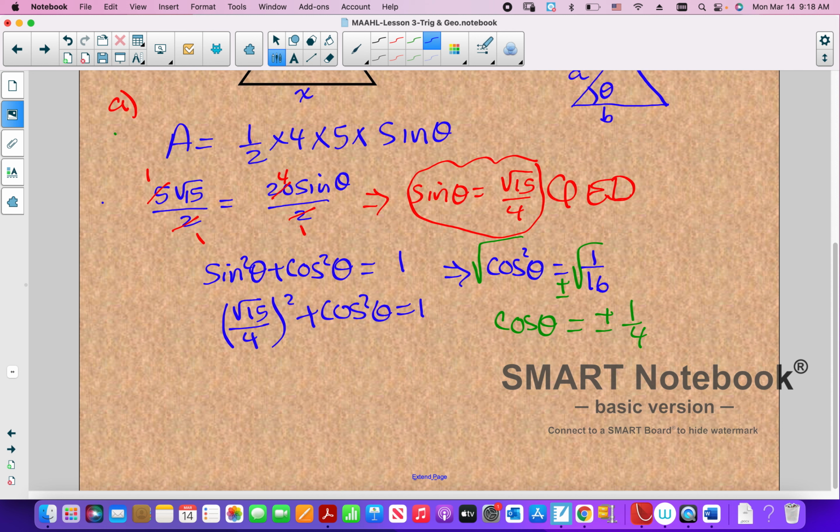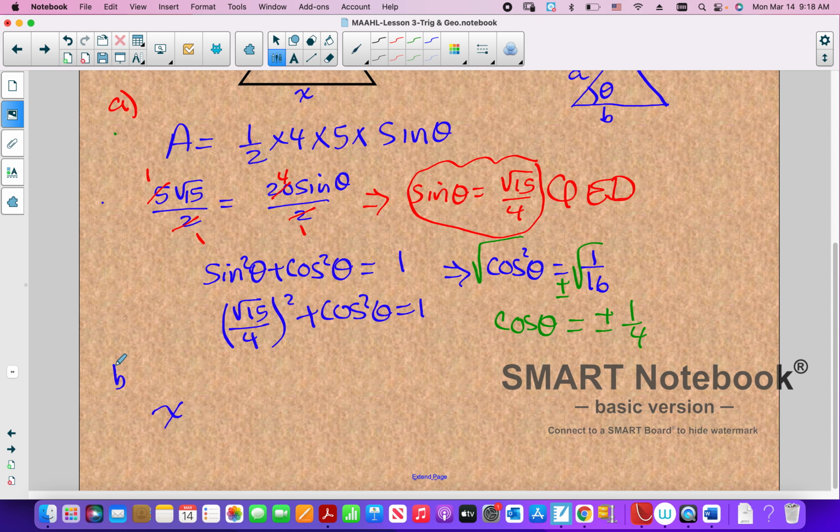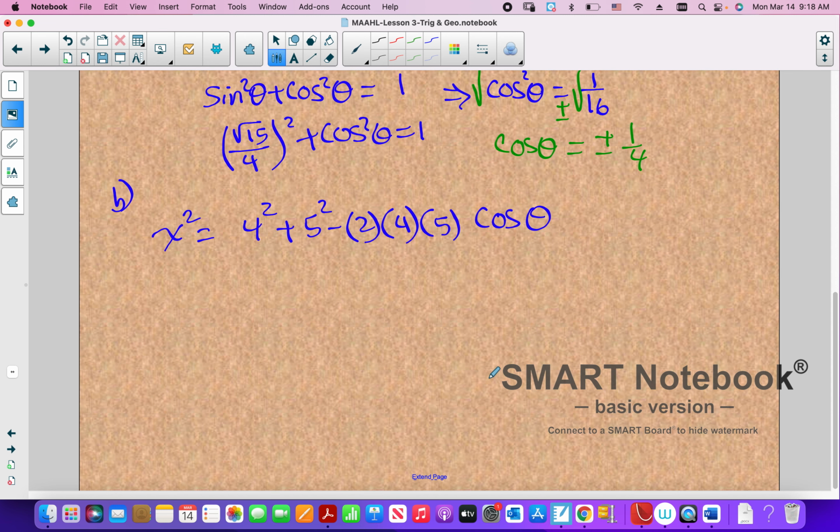Now we use the cosine rule. X squared is equal to 4 squared plus 5 squared minus 2 times 4 times 5 times cosine of the angle in between, which is theta. Now for cosine theta, one time we'll use 1 over 4, and the other time we'll use minus 1 over 4.